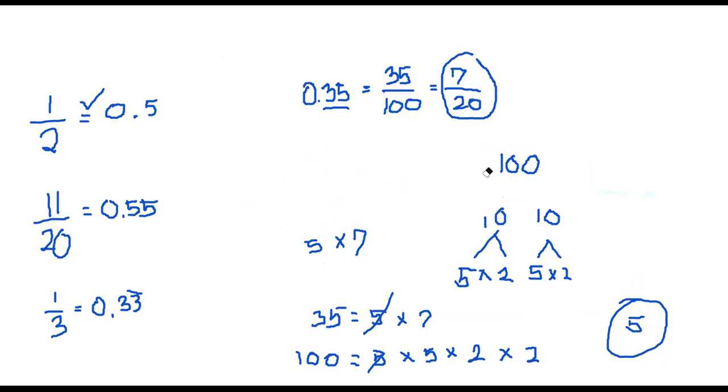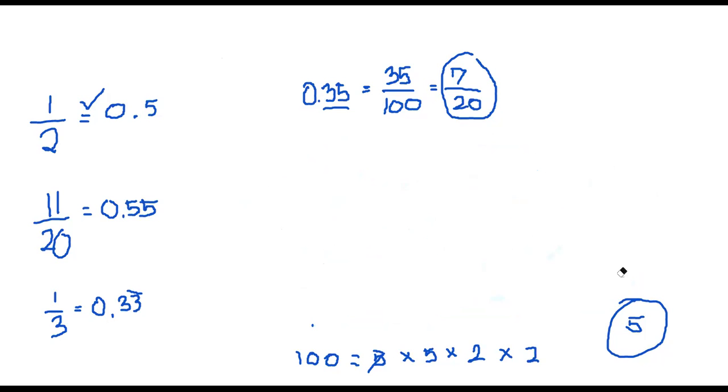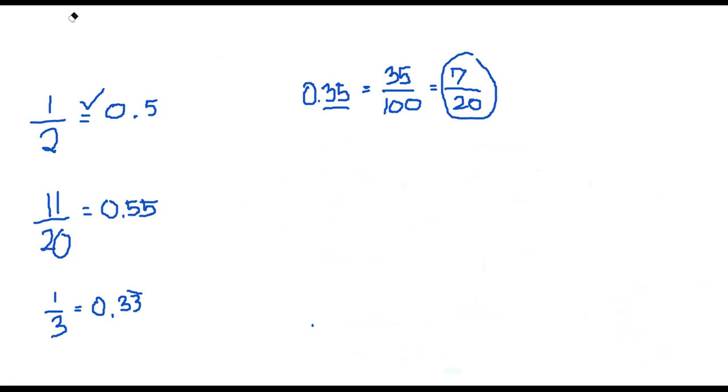So, try natin tong 1/2 is equivalent to 0.5. Try natin si 0.5 kung 1/2 nga ba ang kanyang equivalent. So, meron tayong 0.5. Kapag ginawa natin fraction ng 0.5, 5 over what?